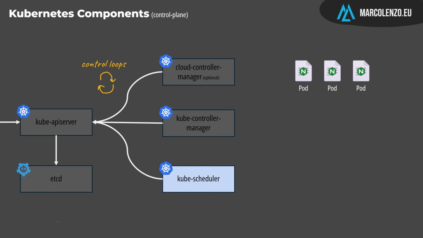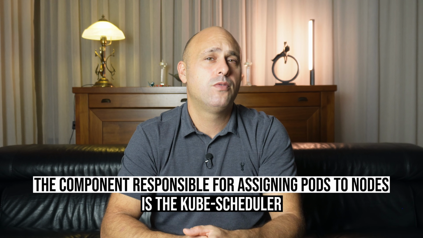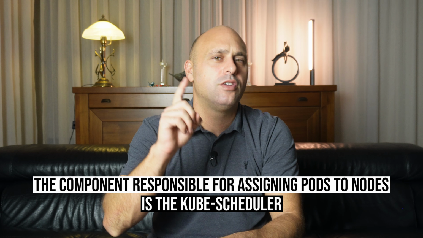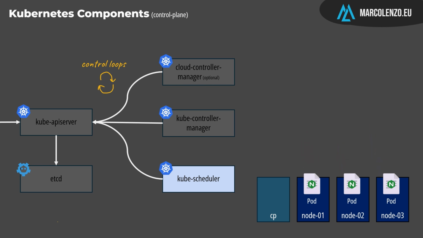The next step is deciding where these pods should be placed. Should they all run on a single node or be distributed across several nodes for better resilience and load balancing? The component responsible for making this decision is the kube-scheduler, which operates as yet another control loop.